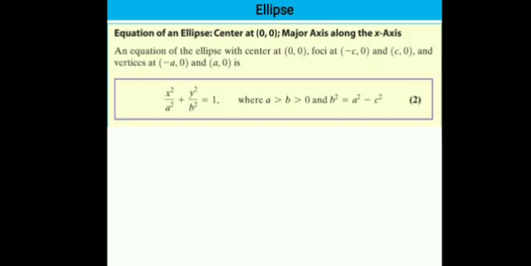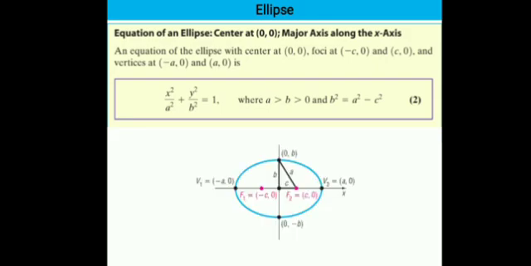But take note, your b should be greater than 0 and it must be lesser than a, so that your b squared is equal to your a squared minus c squared, or what we call the Pythagorean relation. So this will be the diagram of an ellipse with a center at 0, 0 and a major axis along the x-axis.